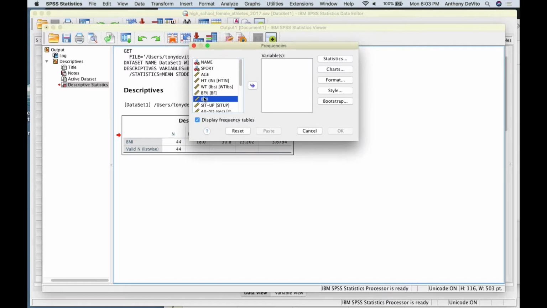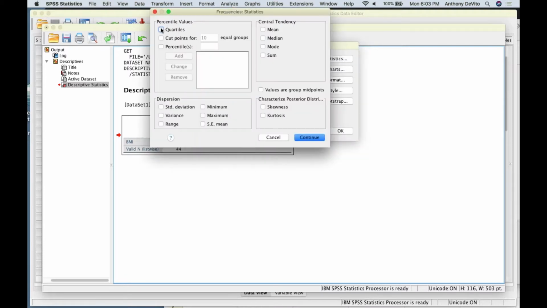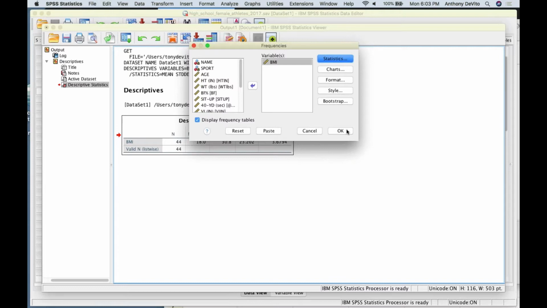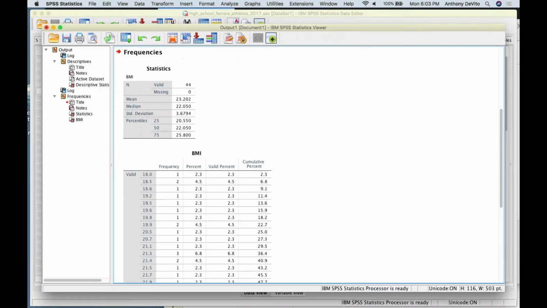But I'm going to use it for BMI and ask for quartiles. The quartiles will tell us the interquartile range. I can also ask for the mean, the median, standard deviation, and so on. I'll click OK and see what it brings up.